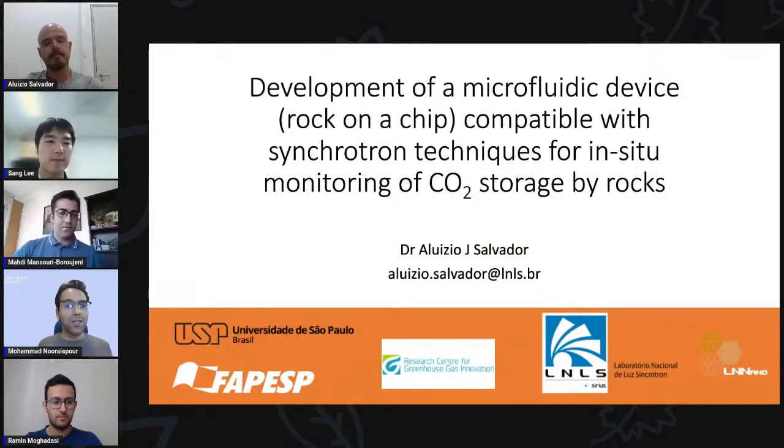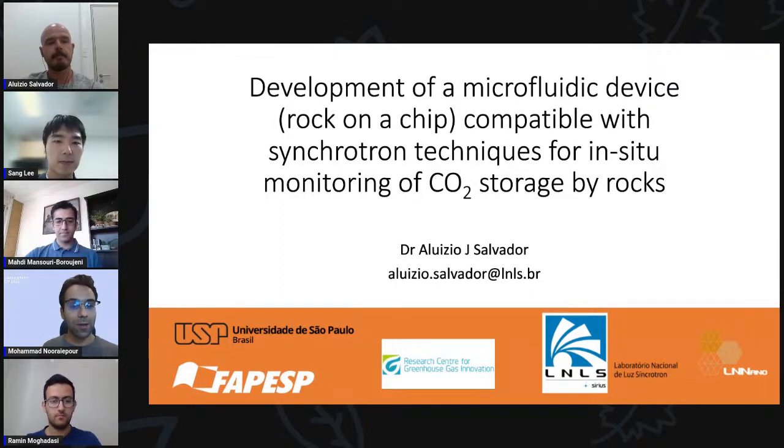Thank you, Aluizio, for this nice introduction to the development that you are making. It certainly would be interesting to see some results out of the interaction of fluid with the rock properties and rock surfaces. I have a question of my own, maybe it's a naive question, but what are the time scales and length scales that you are expecting to see reactions or interactions of fluid with the surfaces in the synchrotron facilities?